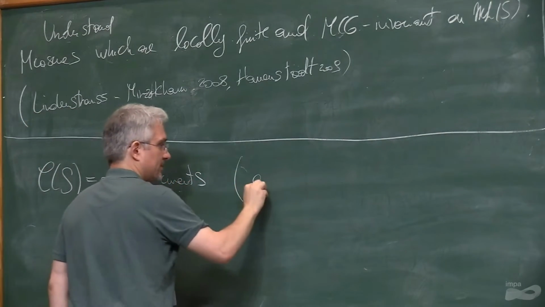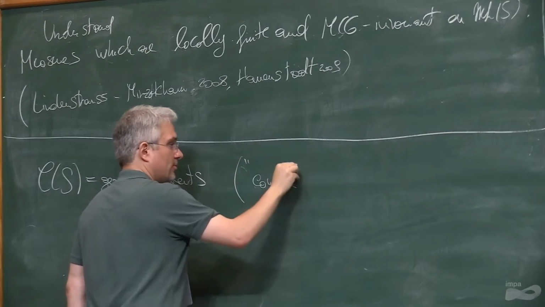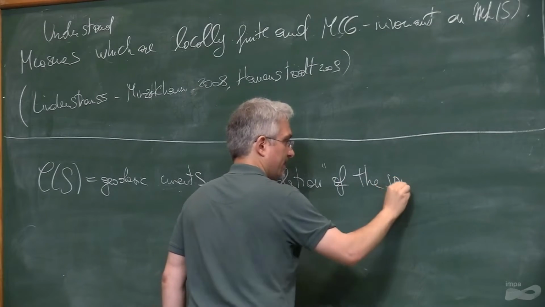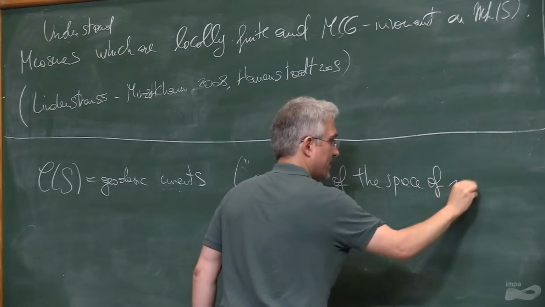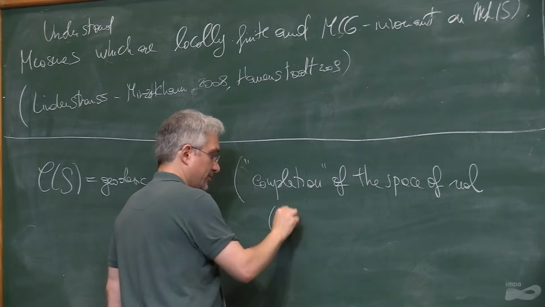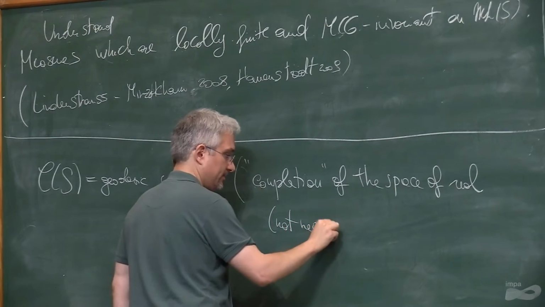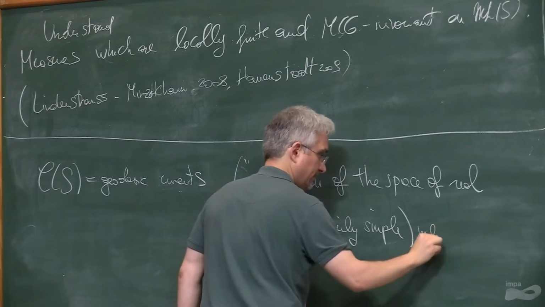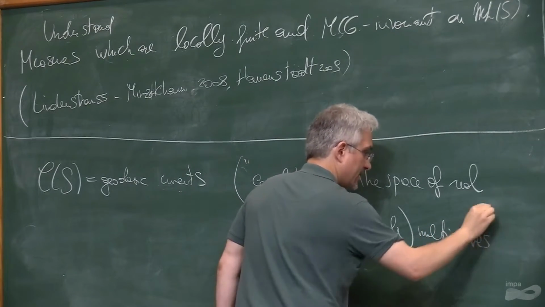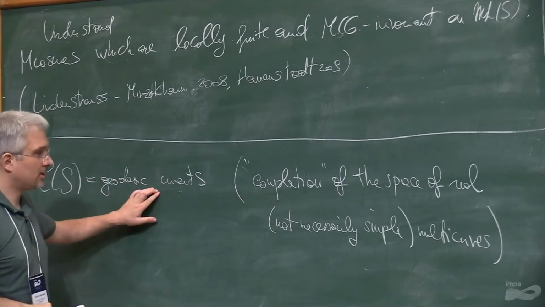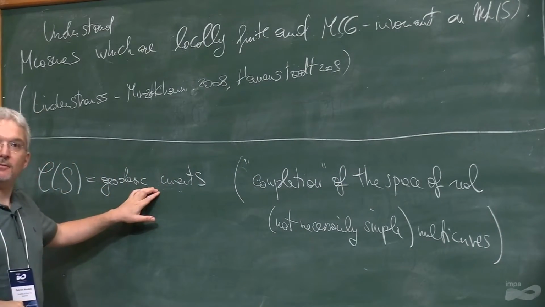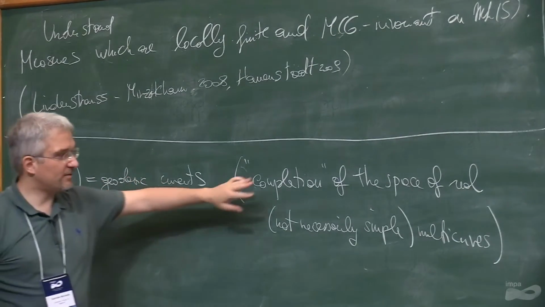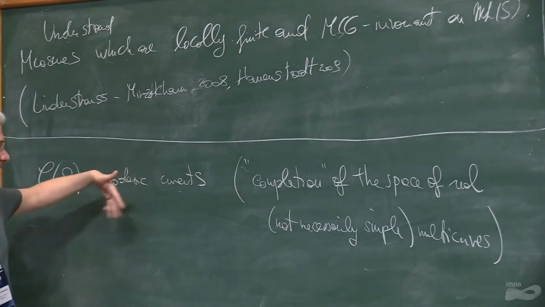This is a sort of completion of the space of real, not necessarily simple, multicurves. Now, this space is much uglier, maybe, than what one can expect. It is an infinite dimensional thing, so there is a lot of stuff inside this space.